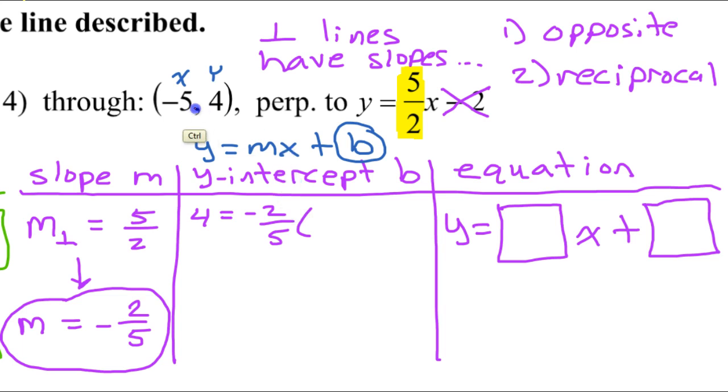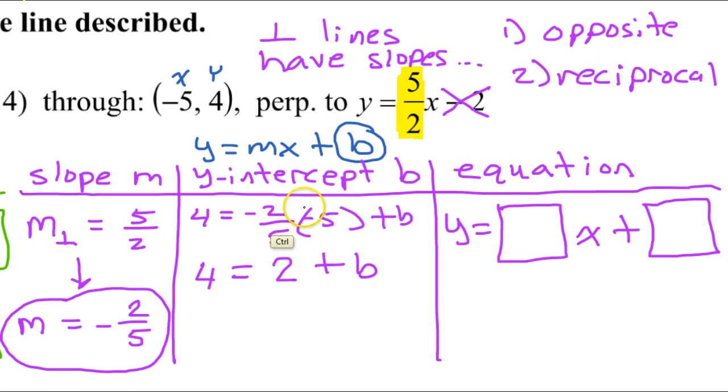Next comes x, which is negative 5, and then plus b. Now I'm looking at this, I see that the 5s are going to cancel each other out, so that's basically going to leave a 2 or a negative 2, but a negative times a negative is a positive, so I know it will be a positive 2. So I can see that this will be 4 is equal to 2 plus b.